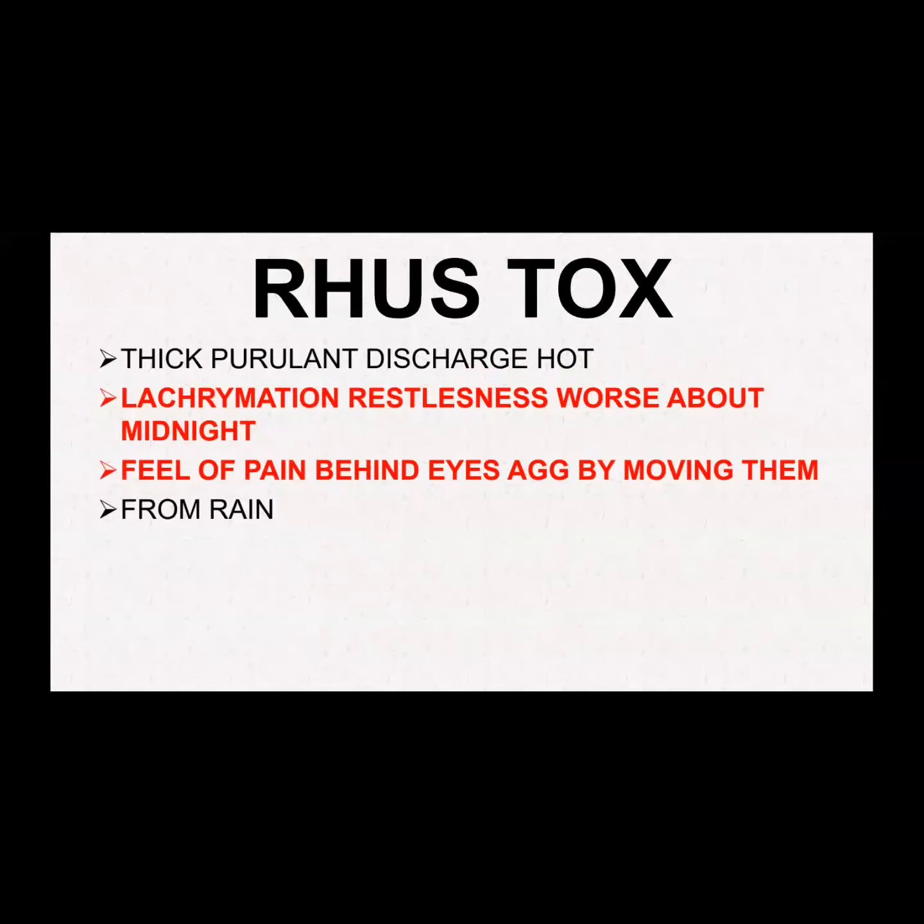So in Rhus tox, the conjunctivitis occurs due to becoming wet from the rain. The discharge will be thick, purulent, hot. There will be excessive lacrimation, restlessness aggravated around midnight. And the most important point of Rhus tox is that the pain will be behind the eyes.